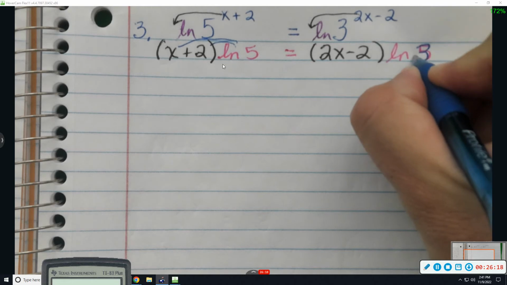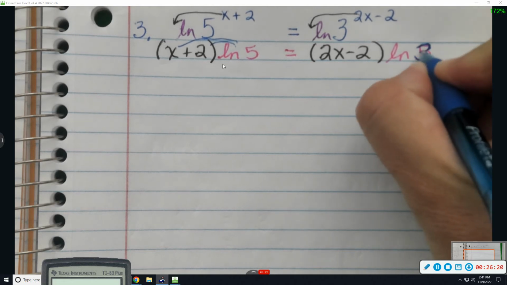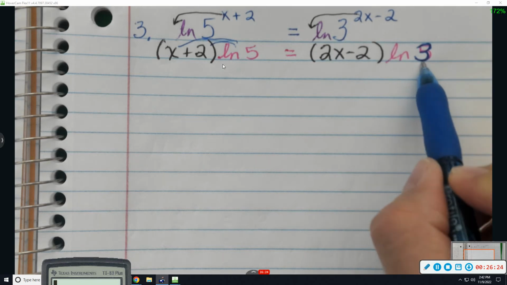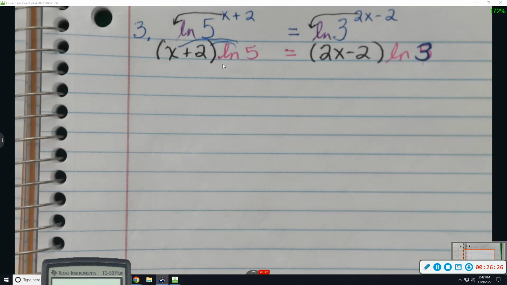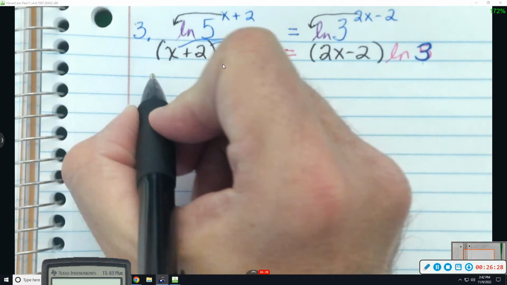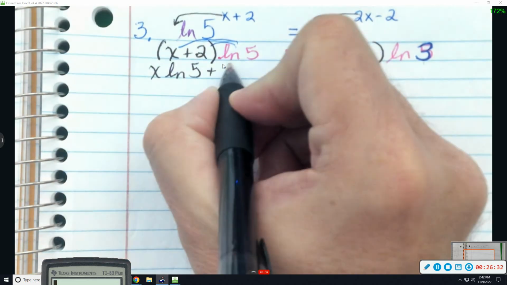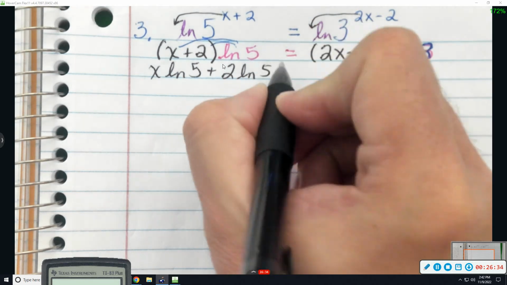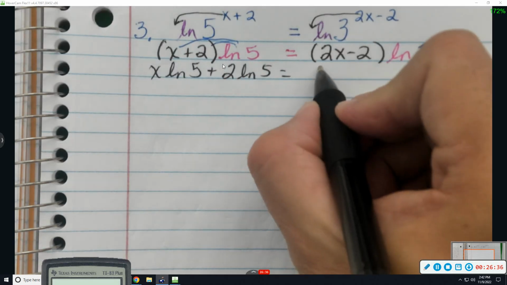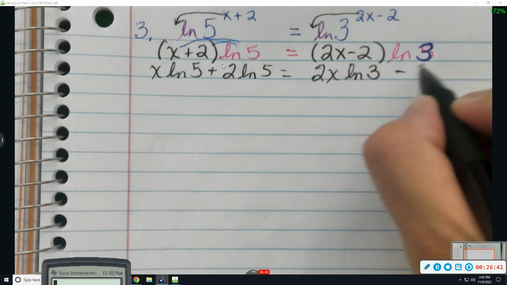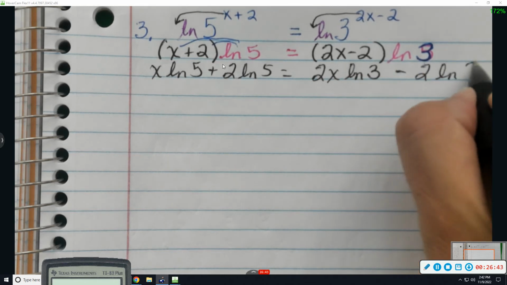Instead of that pink 5, it should have been a 3. Okay. So we have x ln 5 plus 2 ln 5 equals 2x ln 3 minus 2 ln 3.